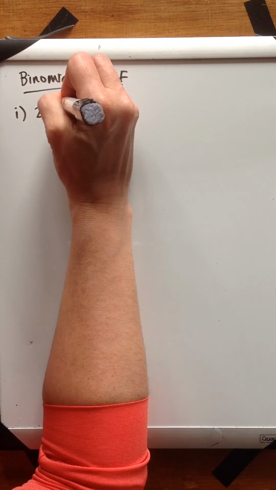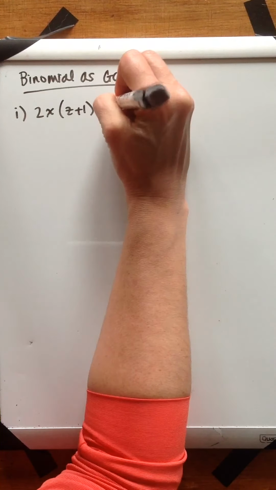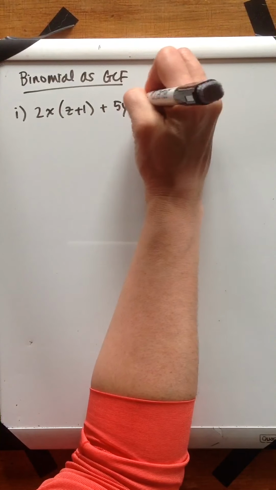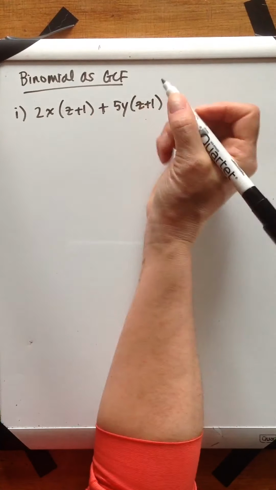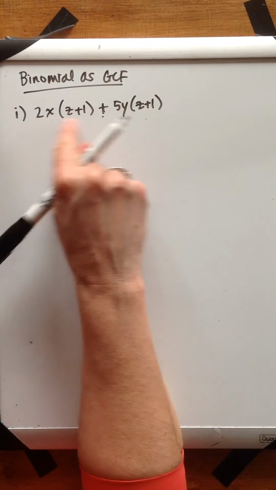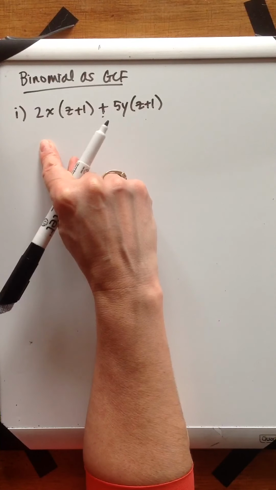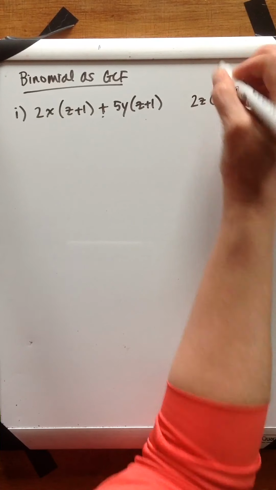So I have 2x times the quantity z plus 1, and I have 5y times the quantity z plus 1. So I notice that these are 2 different terms. They're separated by a sign, just like they were before, and these are all things that are being multiplied by each other.